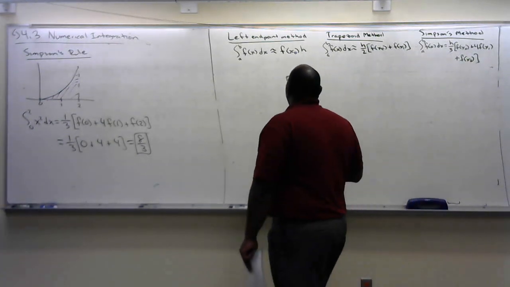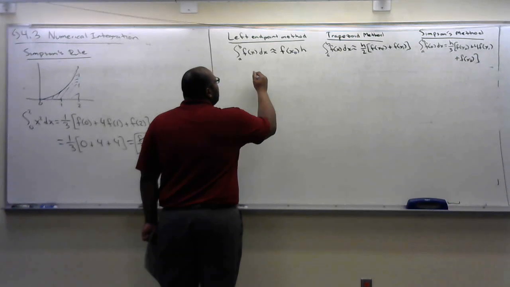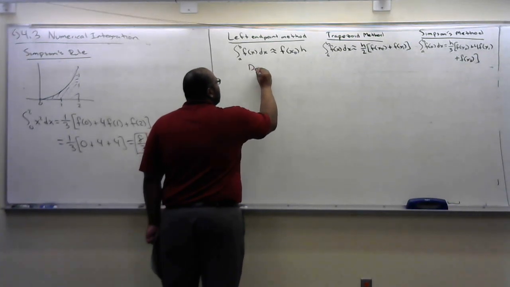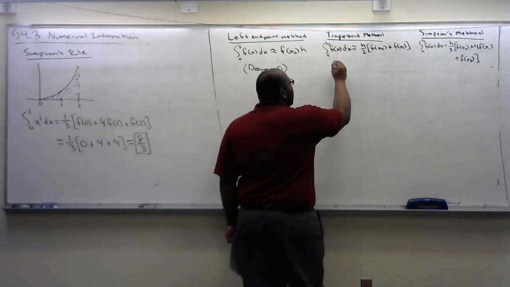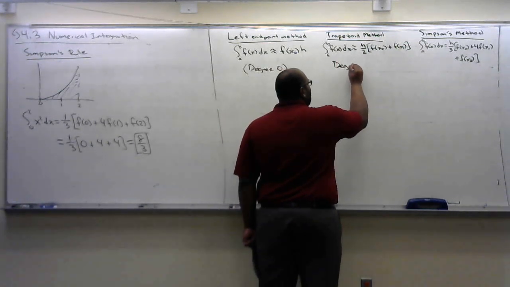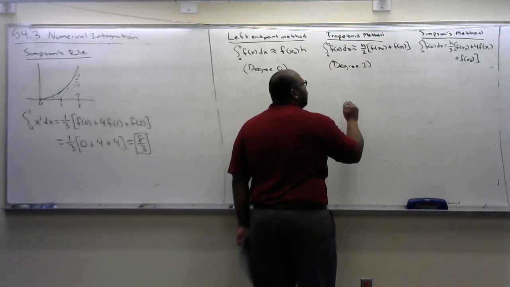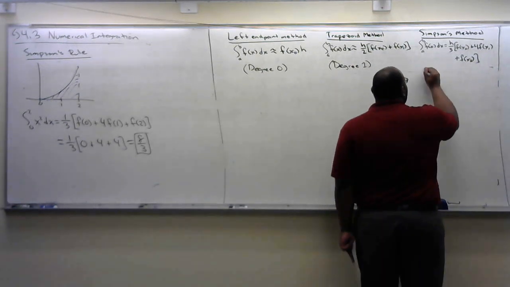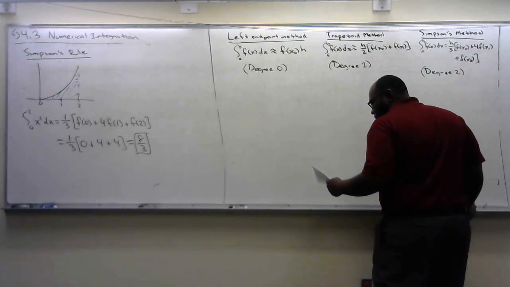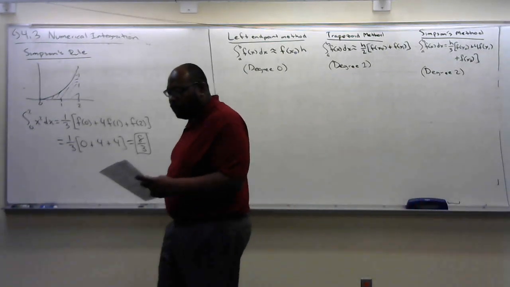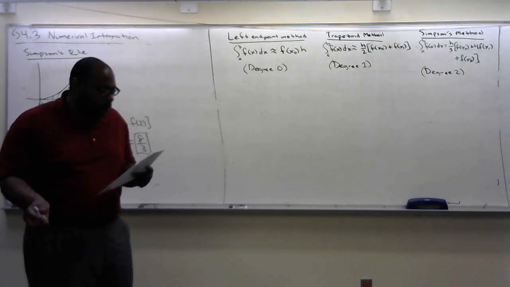The left endpoint method is for a Lagrange polynomial of degree 0. This one is of degree 1. This one is of degree 2. But what if you want to go to degree 3 or degree 4?